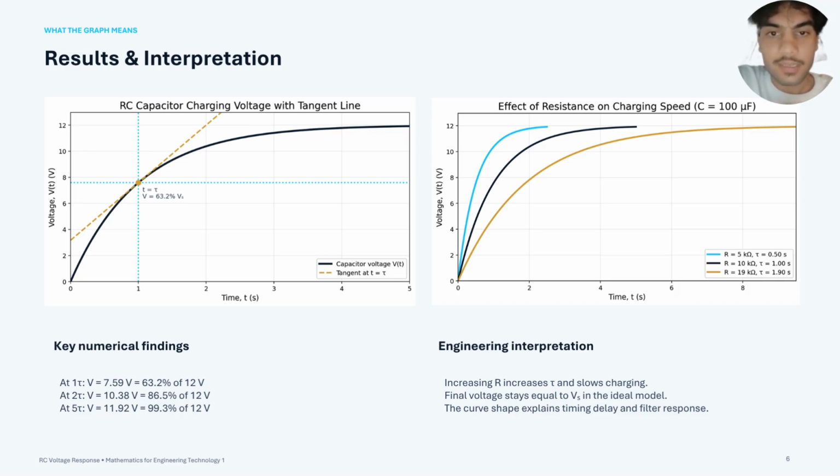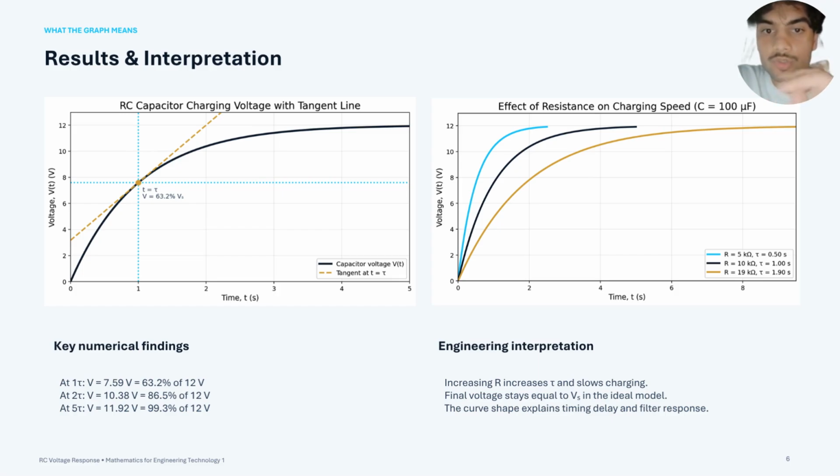Results. These slides have gathered the results that we demonstrated in the GeoGebra simulation video. As we can see down here on the left, after 1 second, the capacitor reaches 63.2% of its final voltage.